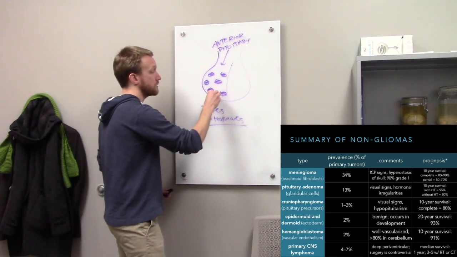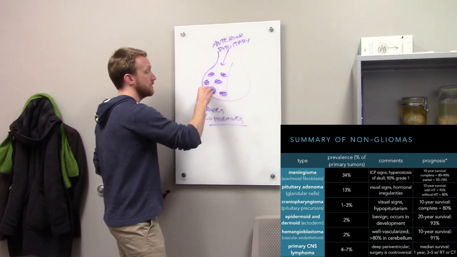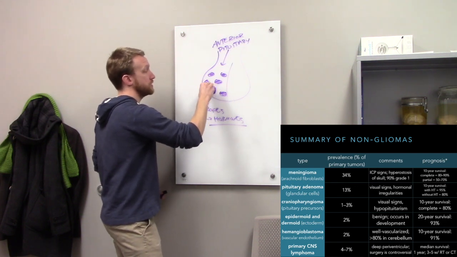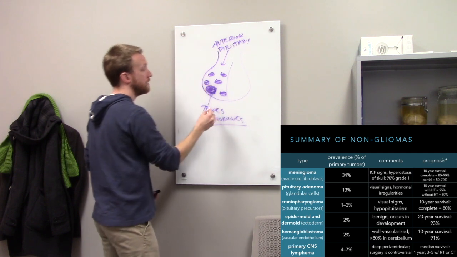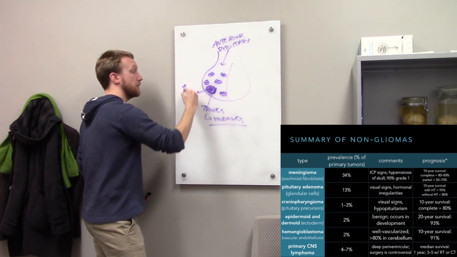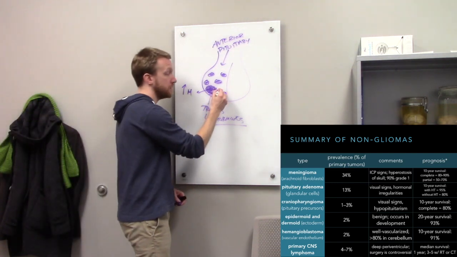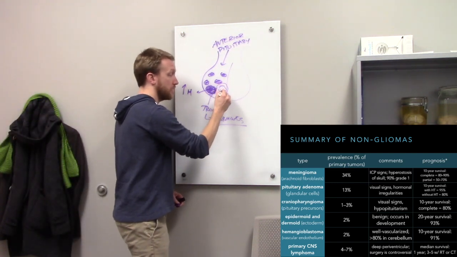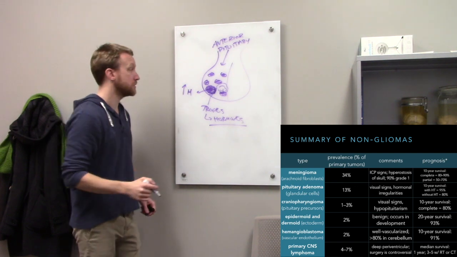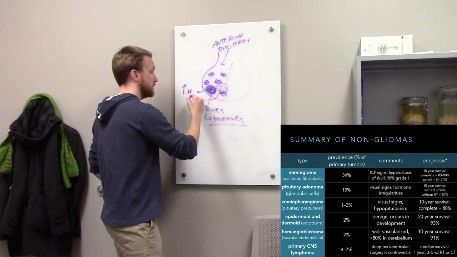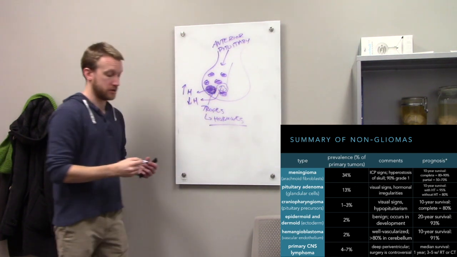If our tropes grow much larger and there's additional cells here, they're going to release higher levels of hormones. On the other hand, if the surrounding cells grow up, compress, and kill the tropes, what we'll see is a decrease in hormonal release.